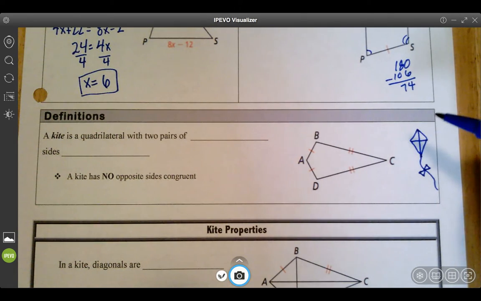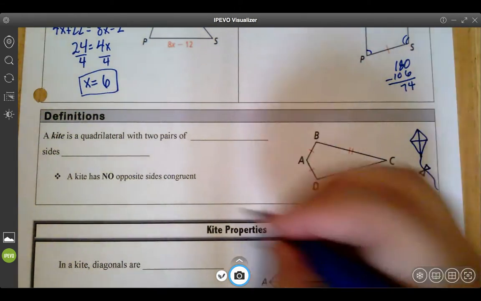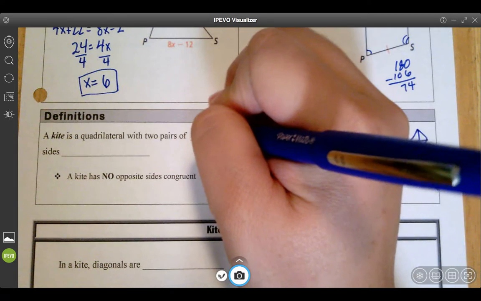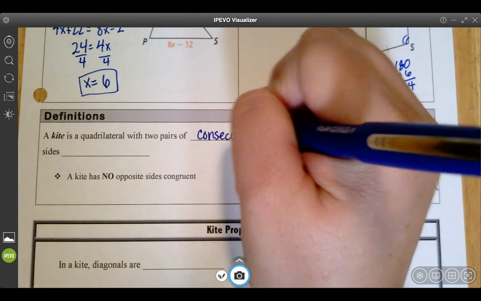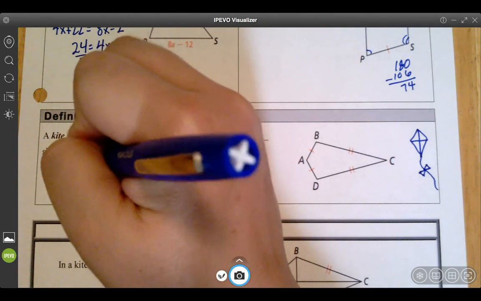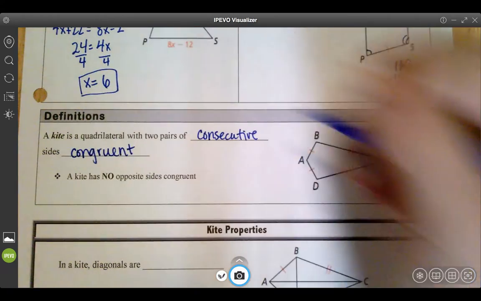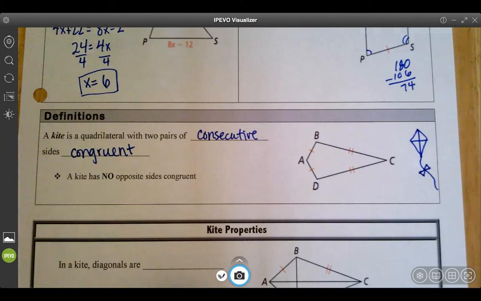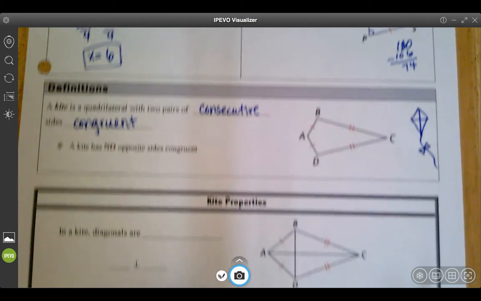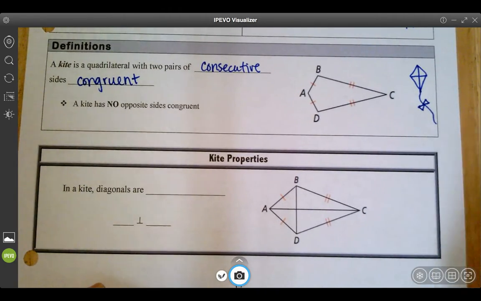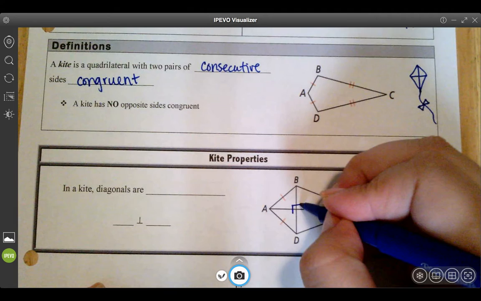So our definition is that we have 2 pairs of consecutive sides that are congruent. Notice none of these sides are parallel. Okay? So some of the properties that we get are that the diagonals here are perpendicular.